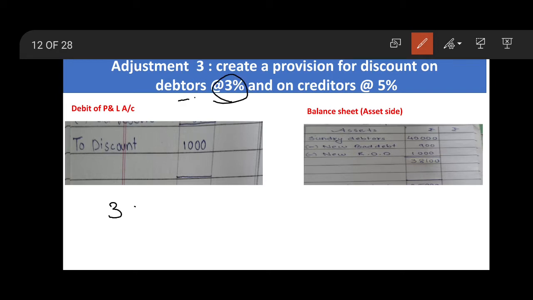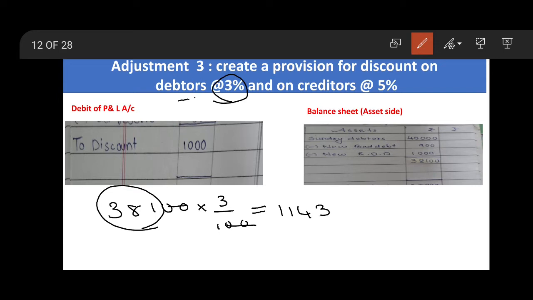So 38,100 into 3 upon 100. How much will you get on 38,100? Cancel these zeros. 381 into 3, you will get 1143.